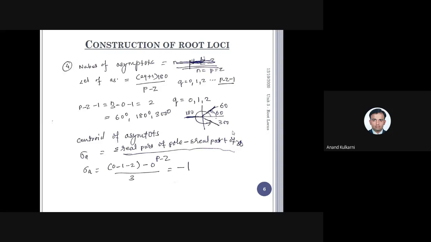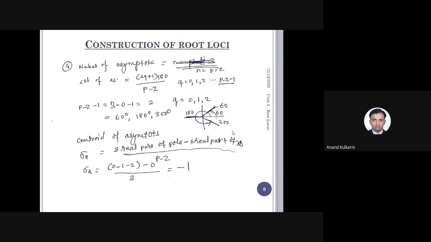Then these asymptotes are straight lines. To draw a straight line, one method is to know 2 coordinates of the straight line, and another method is to know the starting point of the line and the angle of that line.